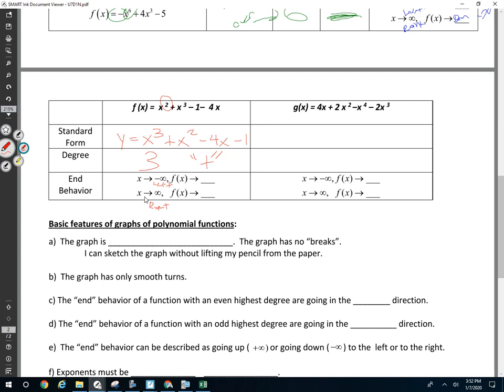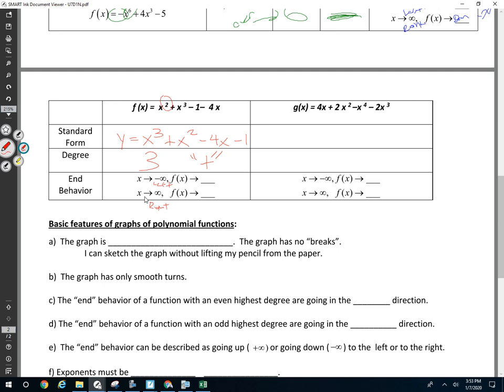I'm coming around. You have the right idea. Nope, but the right idea. Use your arms. What does it look like? What does x cubed look like?